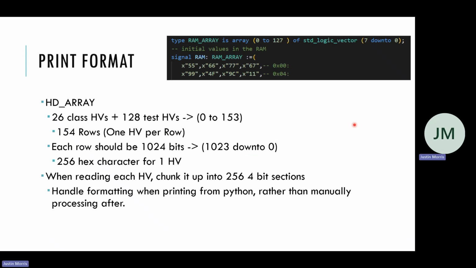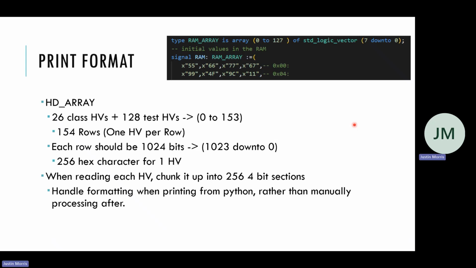So here's some information about printing. Your HD array is going to consist of 26 class hypervectors and 128 test hypervectors. So in terms of how many different cells do I need?